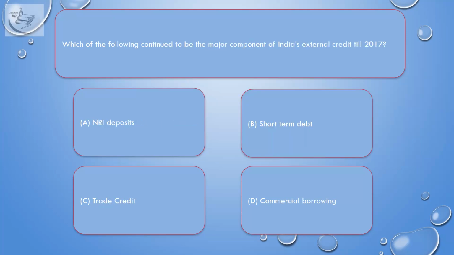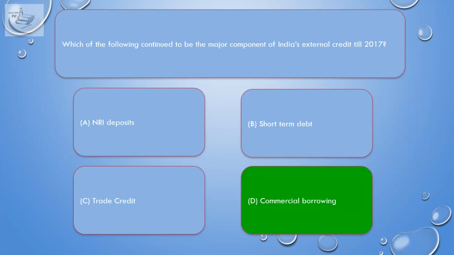Question: which of the following continued to be the major component of India's external credit till 2017? A. NRI deposits. B. Short-term debt. C. Trade credit. D. Commercial borrowing. Correct answer is D. Commercial borrowing.